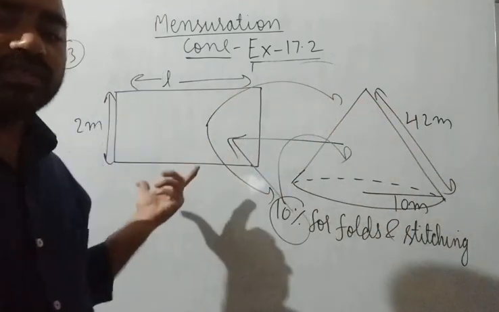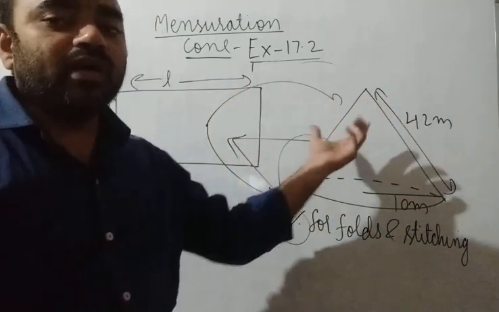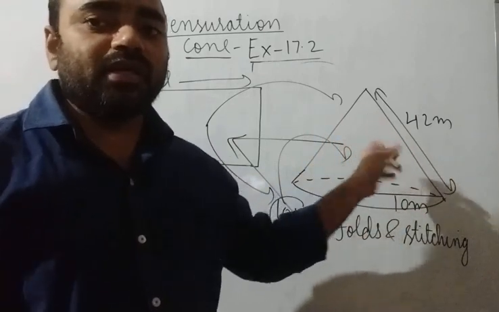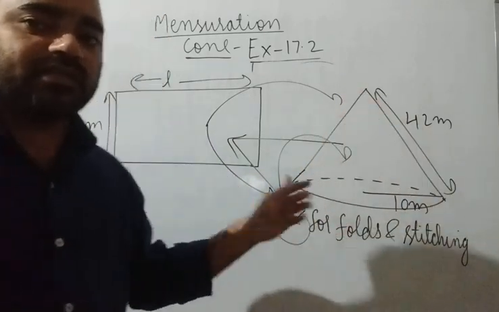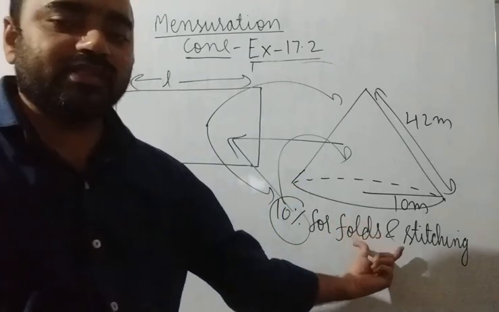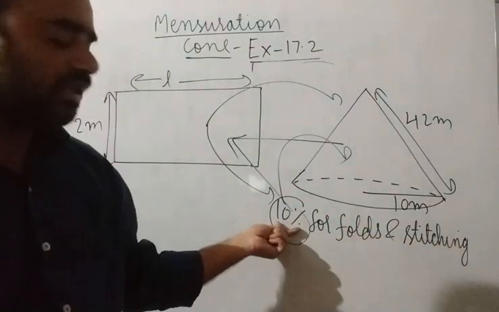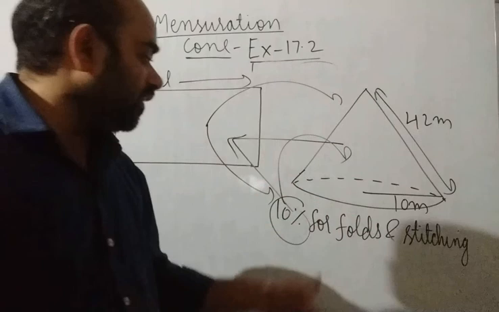Okay. It means area of the tent is equal to curved surface area of the tent, but along with the curved surface, some cloth is used in folds and stitching. What is the percentage? 10%. It means what we can write?